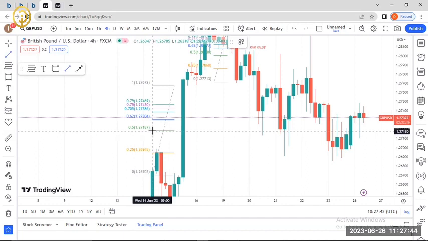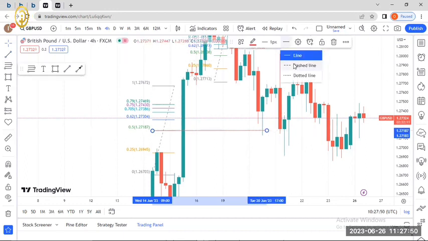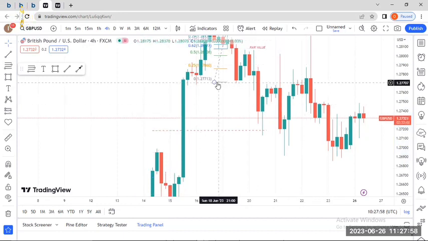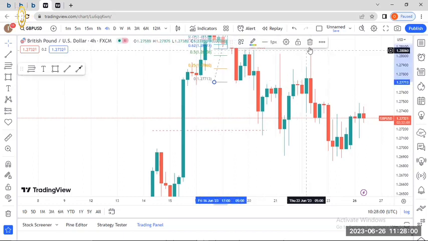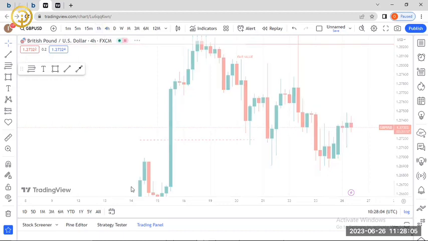Consequent encroachment will be your minimum fill. So you can even come out at consequent encroachment, which is the half of the range of your fair value gap. 50% of the range of your fair value gap, that is your consequent encroachment.